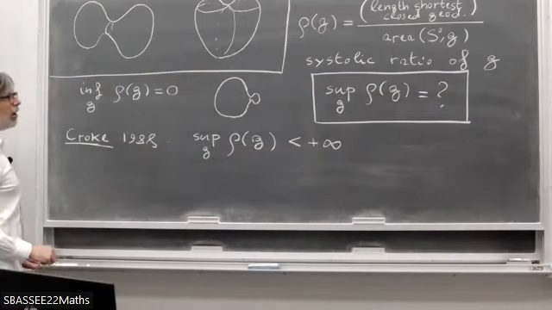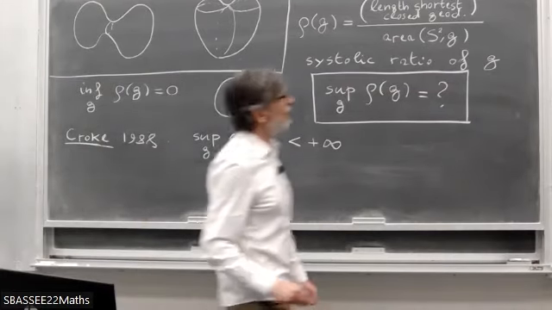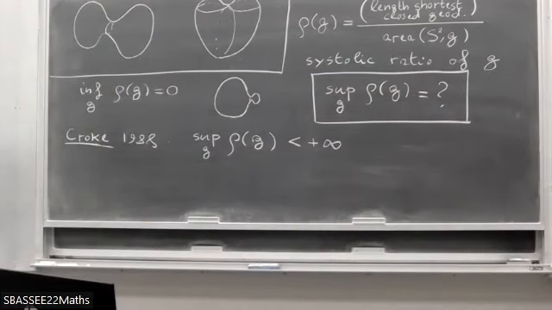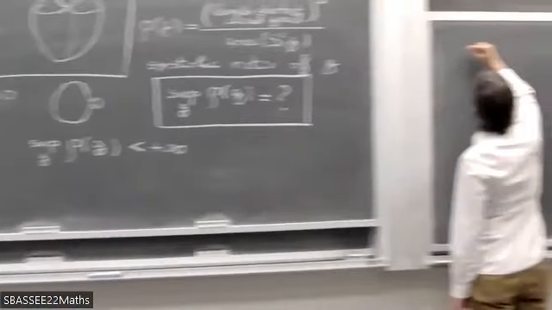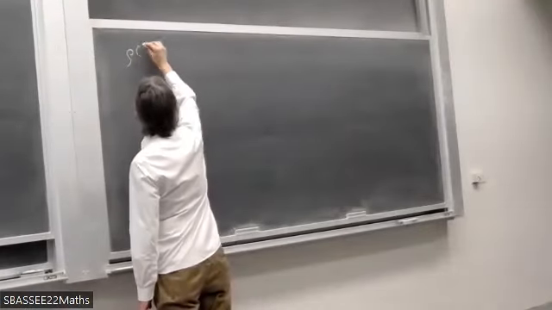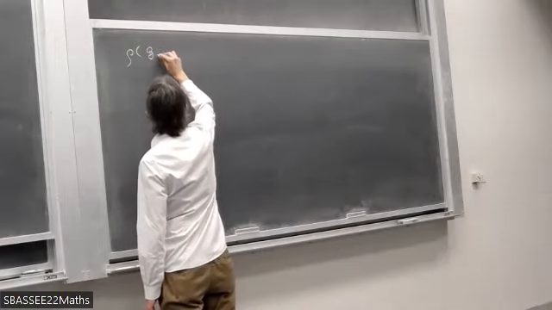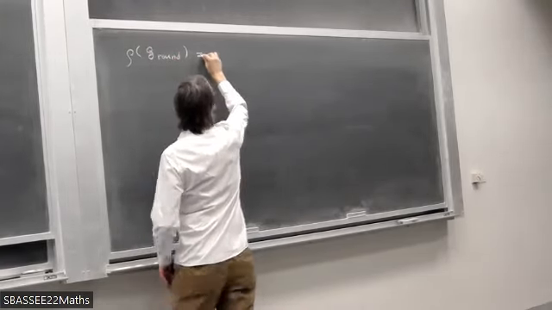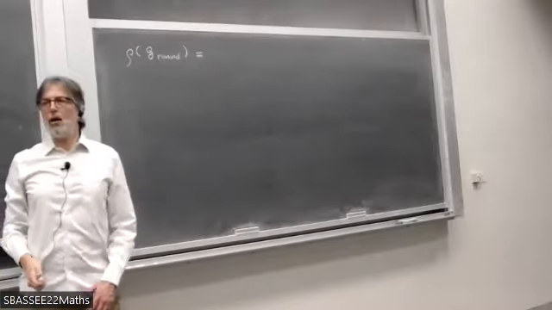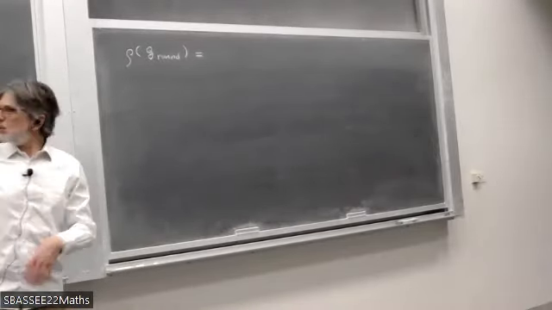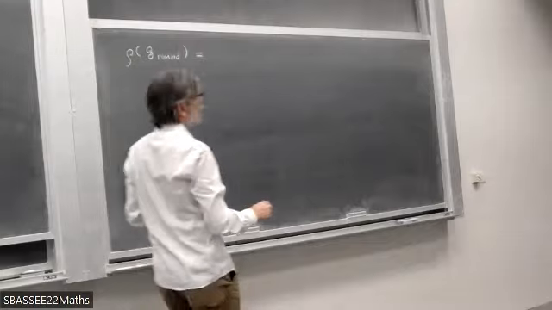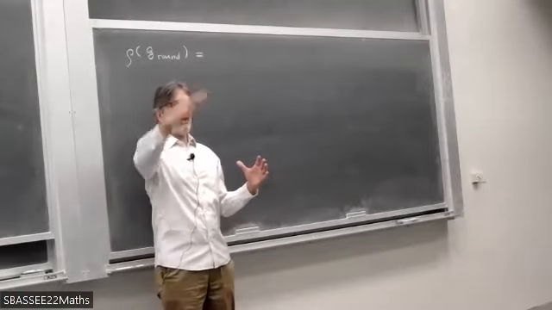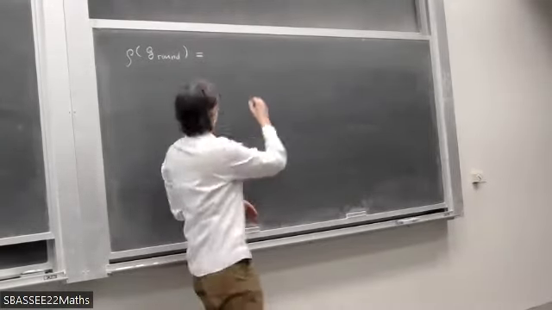Okay, so let's do some computations. Let's look at the systolic ratio of what I call the round metric. Round metric just means the usual unit sphere. What is the systolic ratio? Here all geodesics are great circles, they have length 2π.